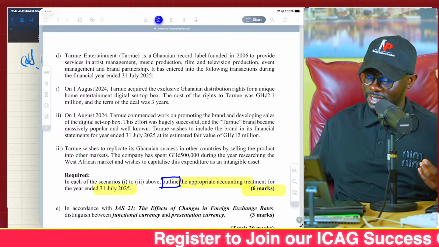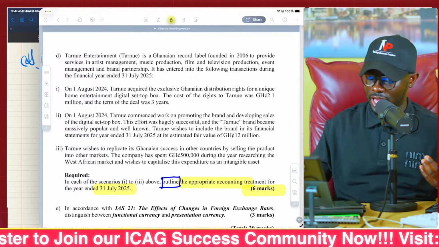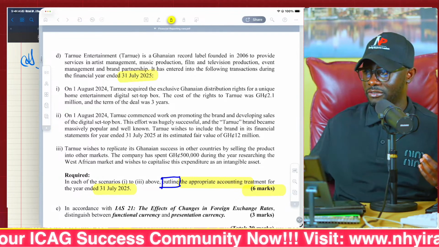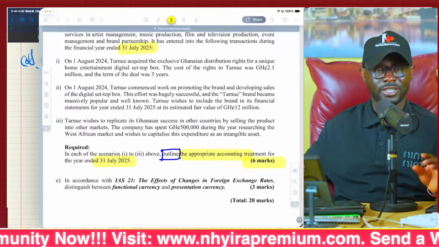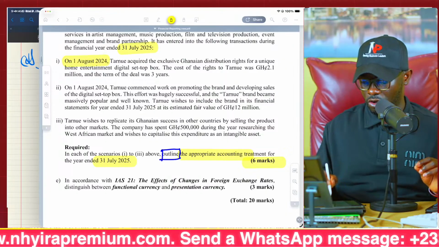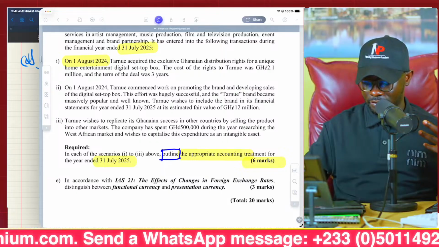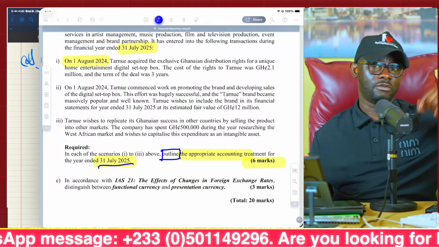It has entered into the following transactions during the year ended 31st July 2025. On 1st August 2024, remember, if the year ended is 31st July 2025, the year starts on 1st August.